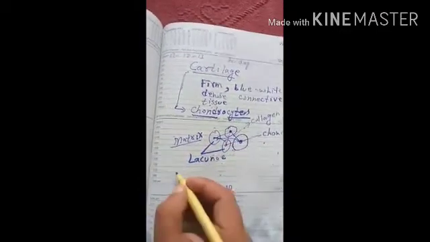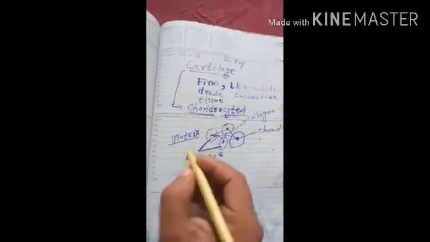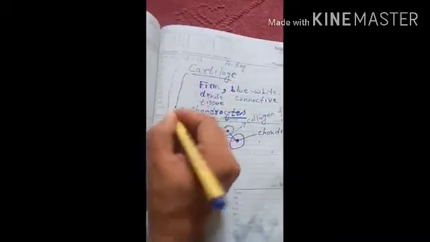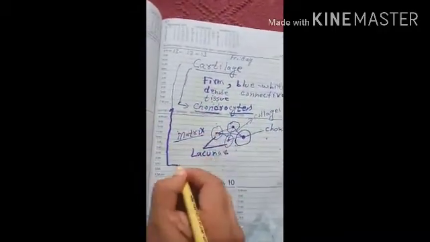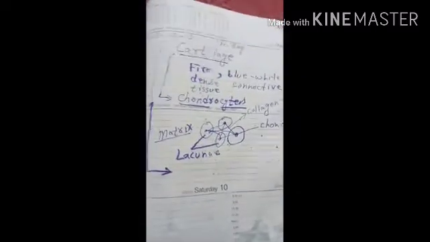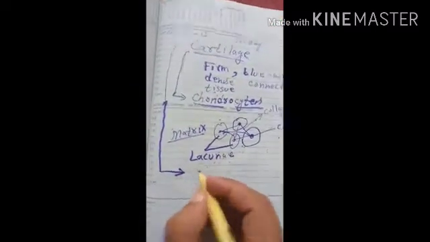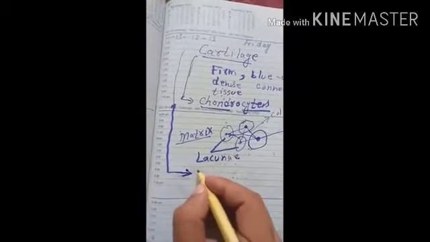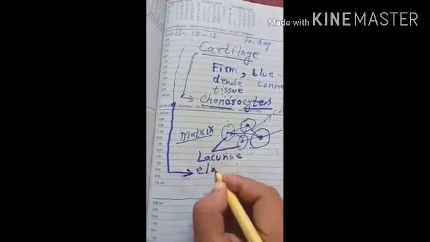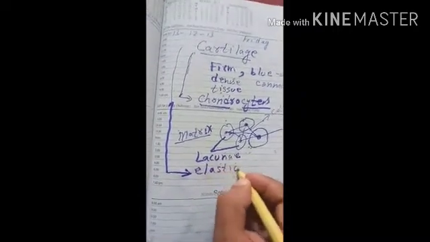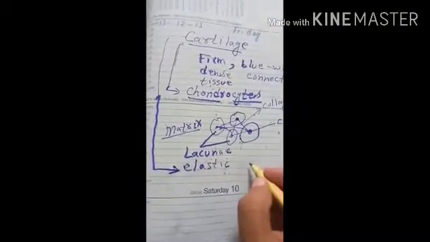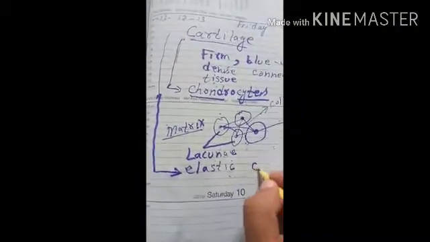Now we talk about the types of cartilage. There are three types of cartilage described in your book. One is elastic cartilage.